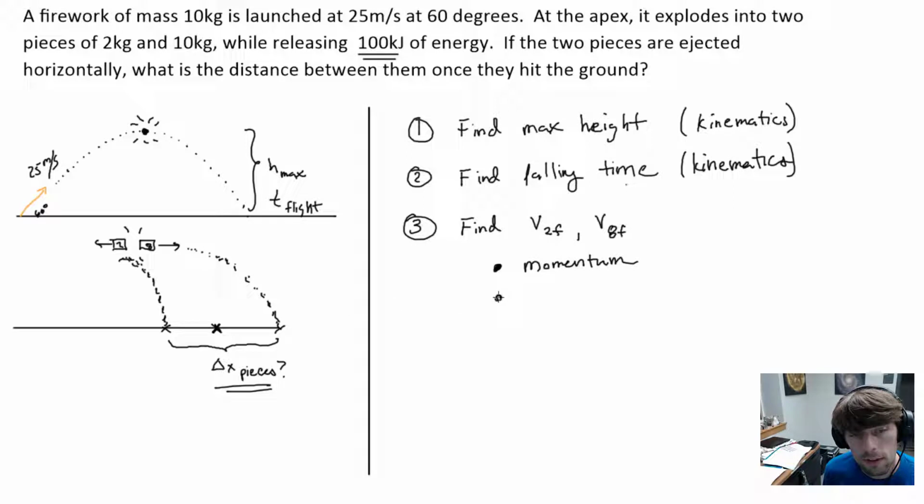And on top of that, we're going to take some energy considerations, knowing that this collision is inelastic. Similar to the other problem, though, we're told that there's 100 kilojoules of energy released. So presumably that 100 kilojoules goes into the kinetic energy. So I'll put delta KE equals 100 kilojoules.